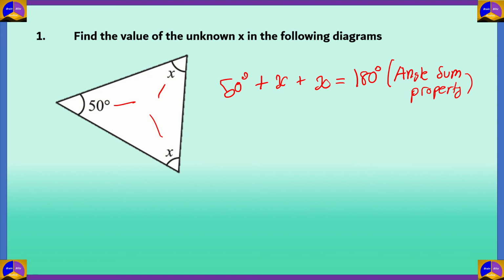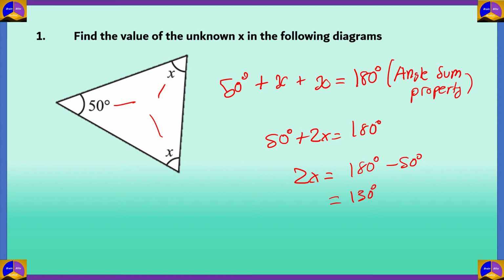So x plus x can be written as 2x. 50 degrees plus 2x would be equal to 180 degrees. 2x would be equal to 180 degrees minus 50 degrees, which is equal to 130 degrees. To find x, we take the multiplication by 2 to the other side. We get 130 degrees divided by 2, which is equal to 65 degrees. So in this diagram, x is equal to 65 degrees.